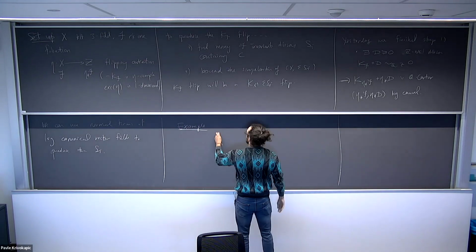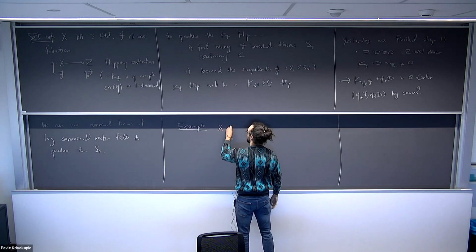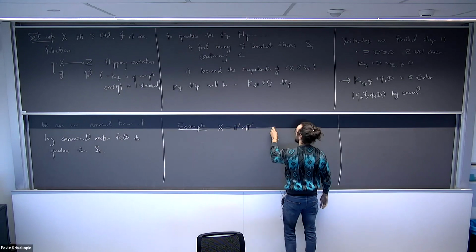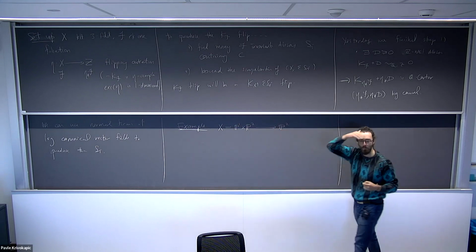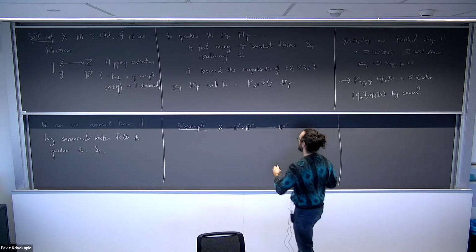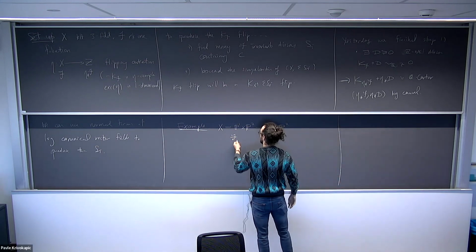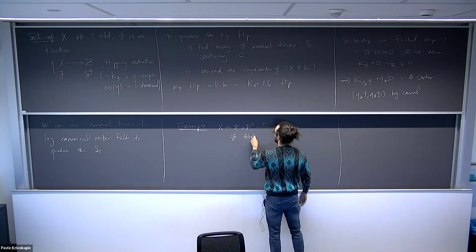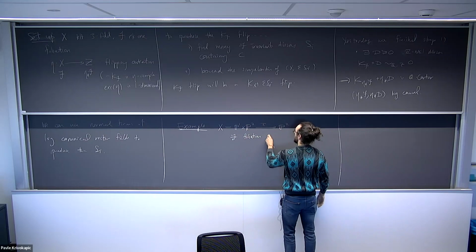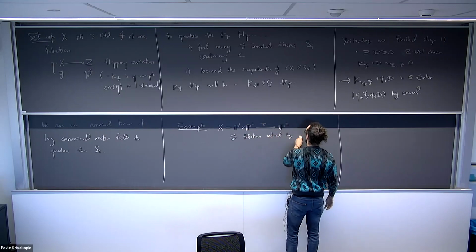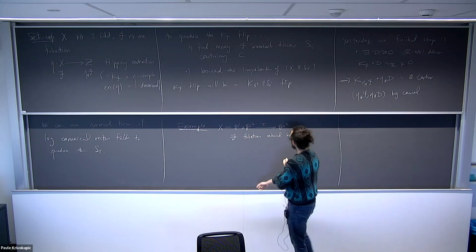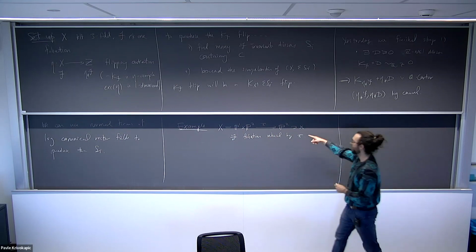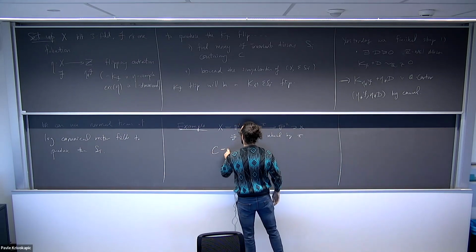Okay, so let's consider X to be P1 cross P2 fibered over P2. I'll call this map pi, and let F be the foliation induced by pi, so it's just a P1 bundle. Let's fix a point x in P2, and let C be the preimage of x.